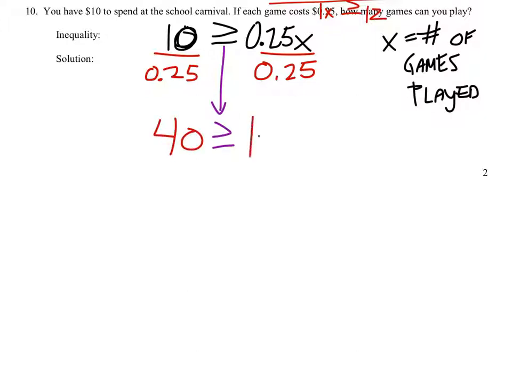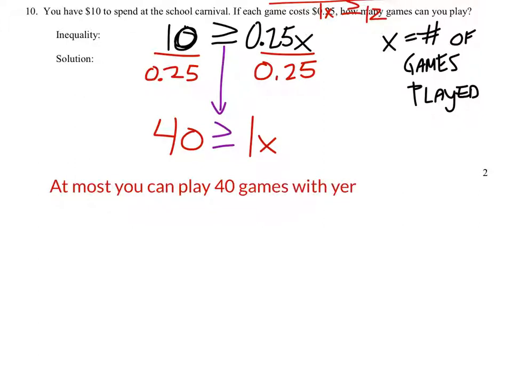So we got 1x and 40. 40 is greater than or equal to 1x. So what we need now is the wording for these. And we could say at most you can play 40 games with your $10. Bam.